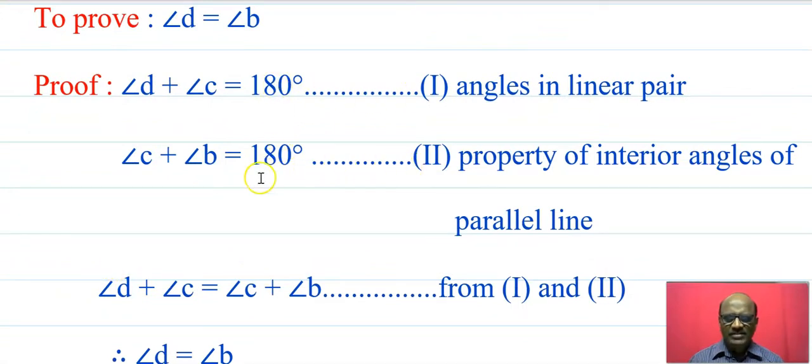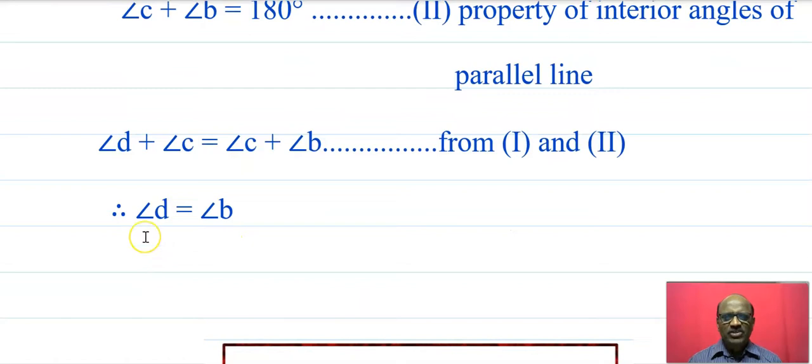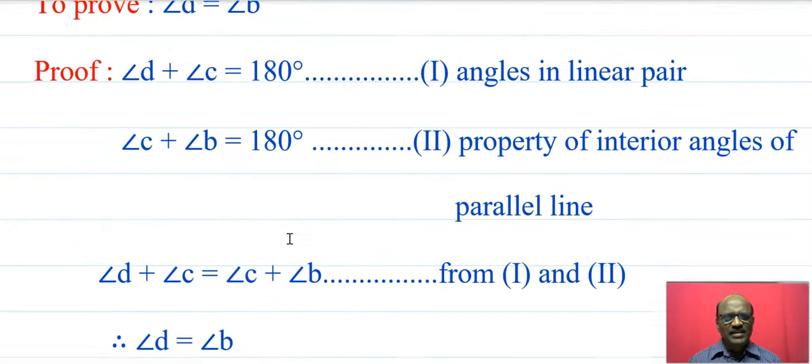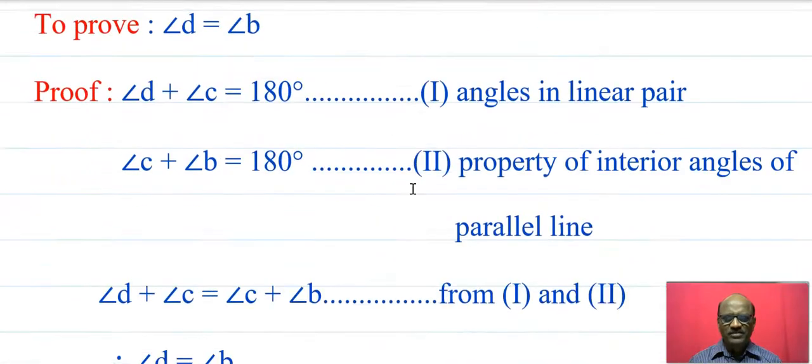The right hand sides are equal, therefore their left hand sides are also equal. That is, measure of angle D plus measure of angle C is equal to measure of angle C plus measure of angle B. We can cancel the measure of angle C on both sides, and hence we get measure of angle D is equal to measure of angle B. Hence when two lines are parallel, their alternate angles are congruent, and we have proved it.